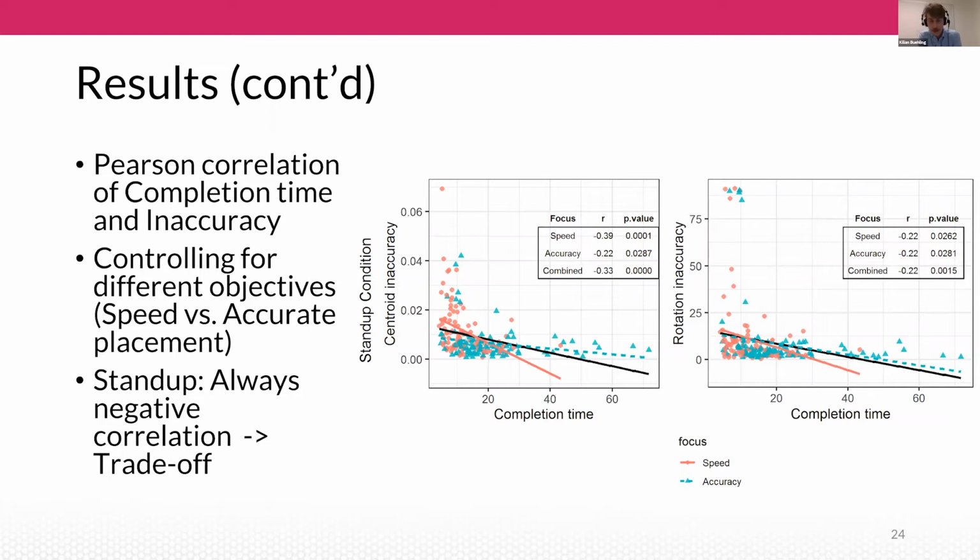We did a correlation analysis, and we see in the left plot that there is a significantly negative correlation between completion time and centroid inaccuracy. So there is a trade-off. People that take more time are able to place the tissue more accurately. This is also the case in the right plot. Subjects in the stand-up condition that take more time are able to place the rotation more accurately.